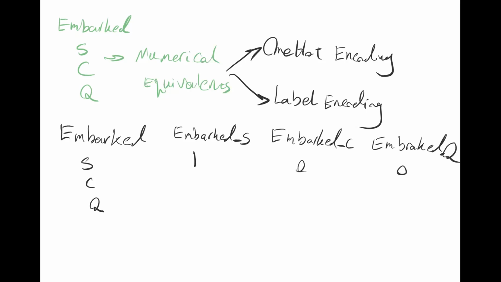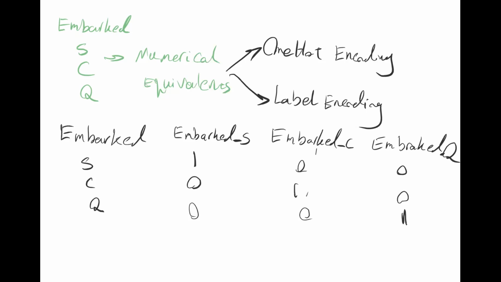If embarked in port C, the first one would be 0, the next one 1, the last one 0. And for Queenstown, the first two are 0 and the last one is 1.